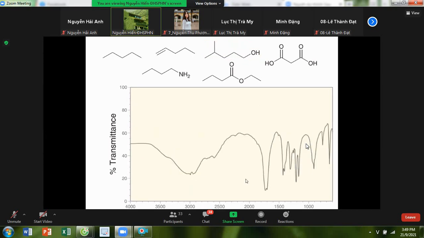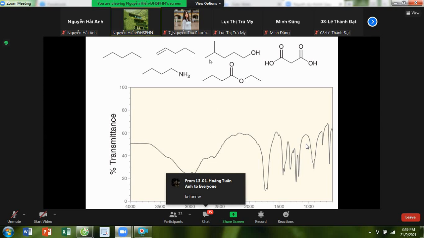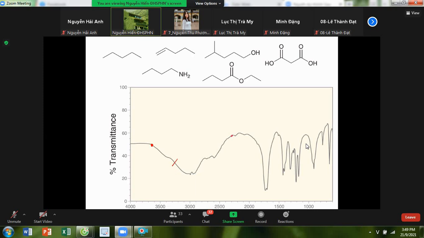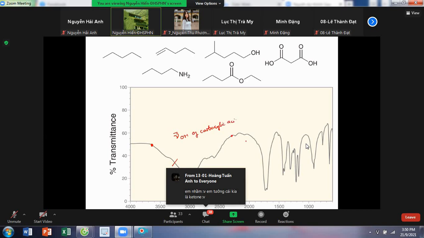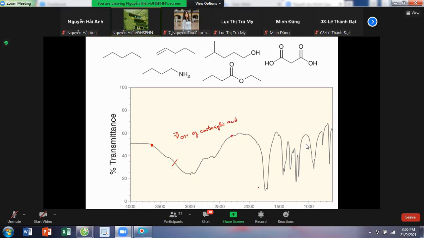What is this? Ketones? Yeah, maybe acid, right? Acid may be a better answer. Yeah, this is broad, very broad, from here to here, and this is carbonyl.